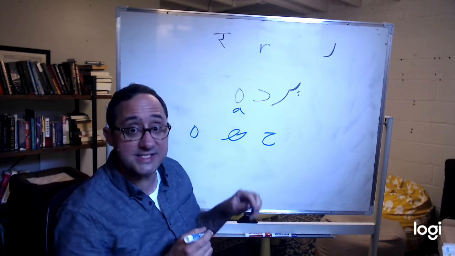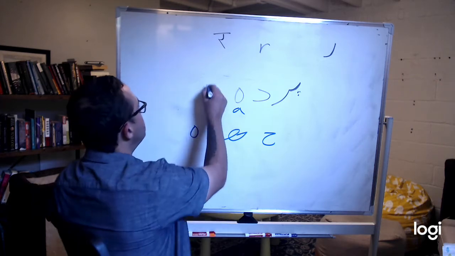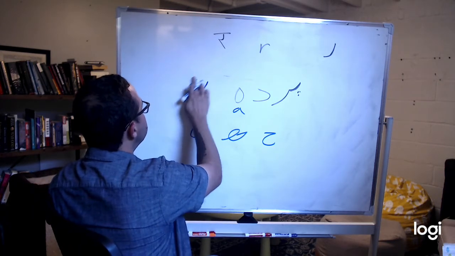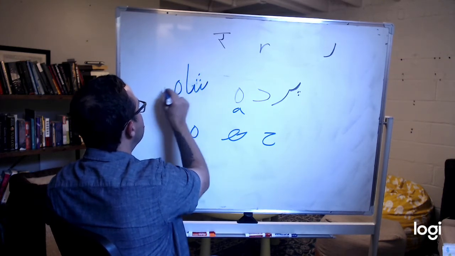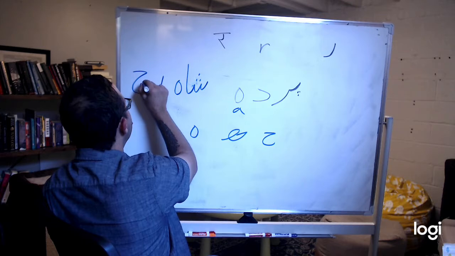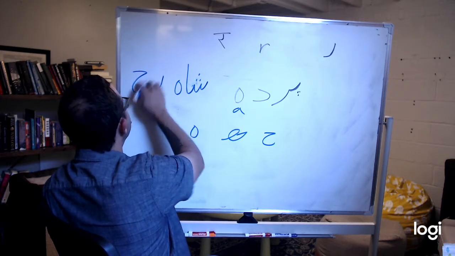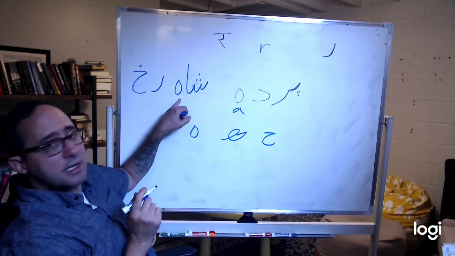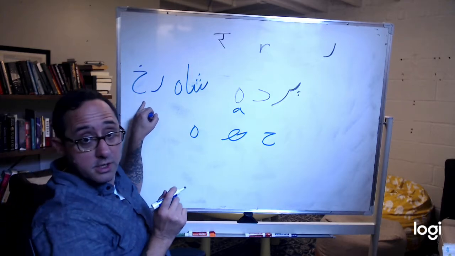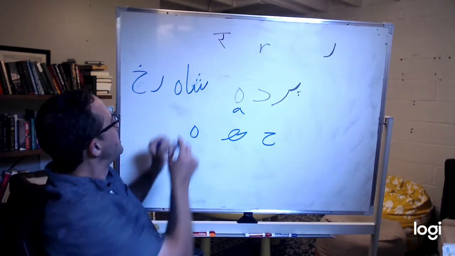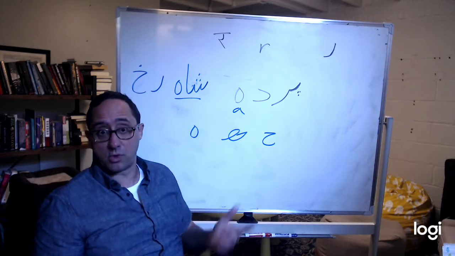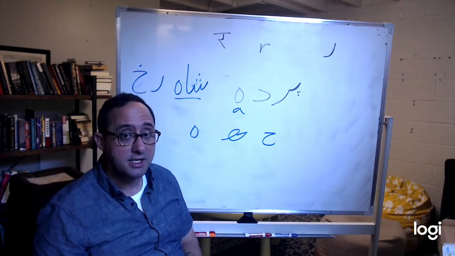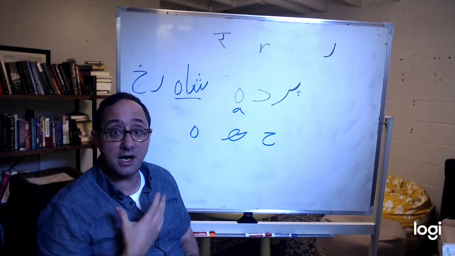You also saw this in Shah Rukh Khan. Shah Rukh. So Shah means king. And in Persian, it's a Persian word, so it's Shah, with a ha.